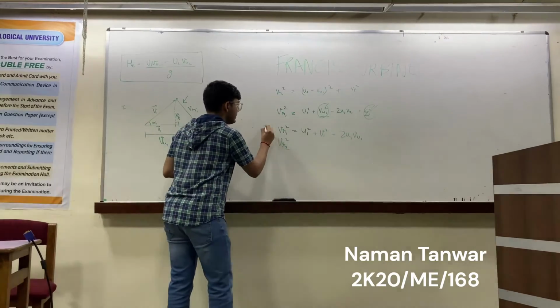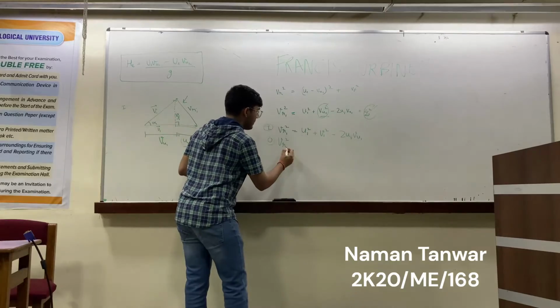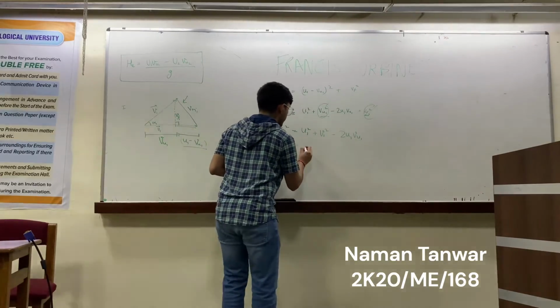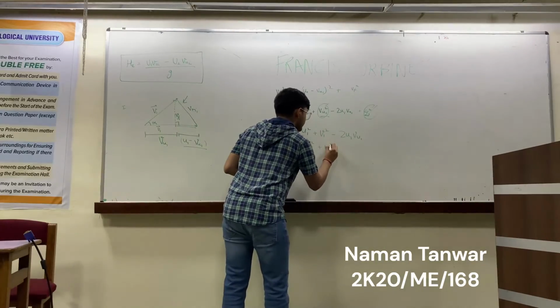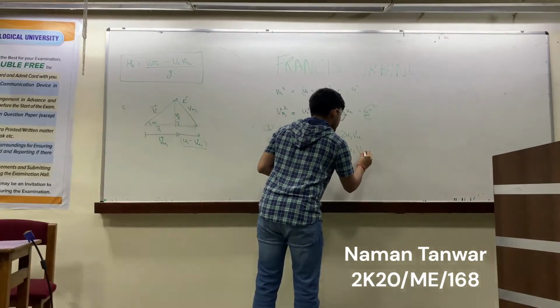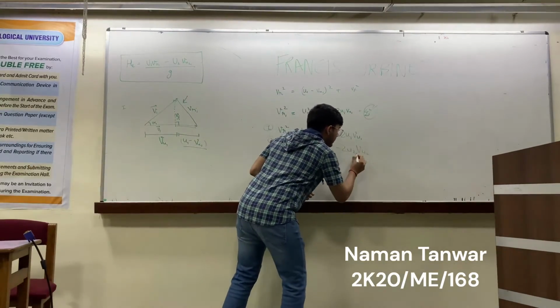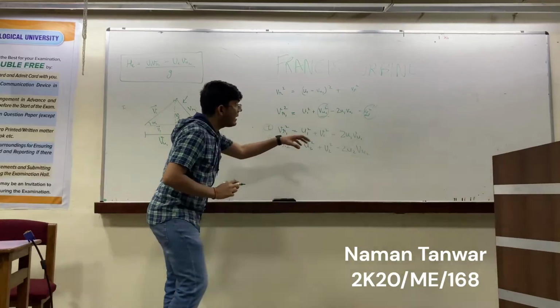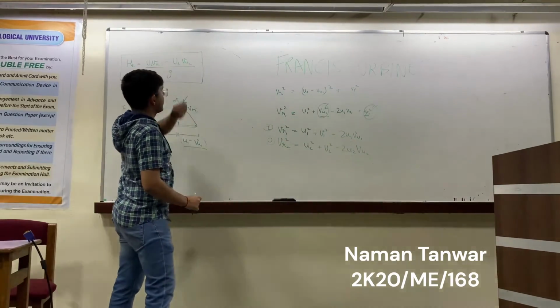This is for inlet; for outlet the subscript will become 2: V2 square minus 2 U2 V U2. Now we will try to get the value of these entities, because they look similar to entities used here.